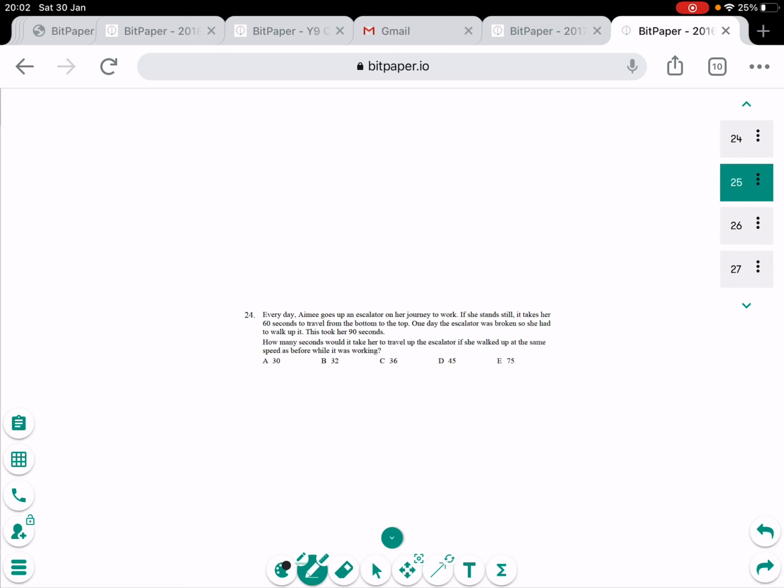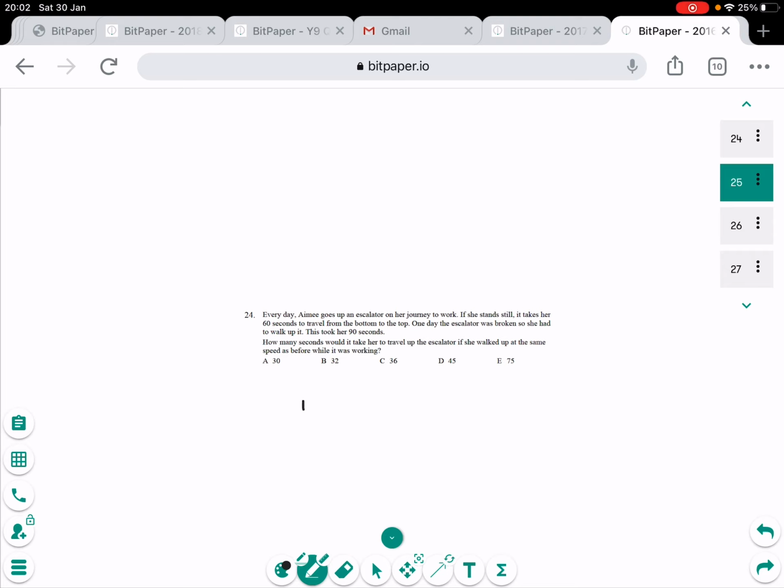For question 24, every day she goes up the escalator. One day, it took her 60 seconds, and 90 seconds walking. If she walked up at the same time, for these questions you don't know how long it is, so you always set the road length to 1.